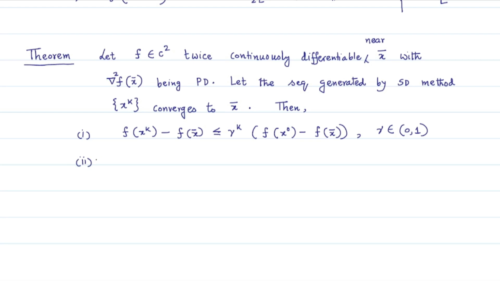Also, we can show that the norm of xk plus 1 minus x bar is less than or equal to the square root of capital M divided by small m times theta into norm of xk minus x bar, where again theta is a constant between 0 and 1, and for small m and capital M I'll state later what they are.